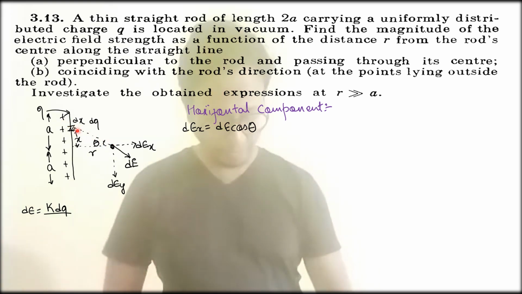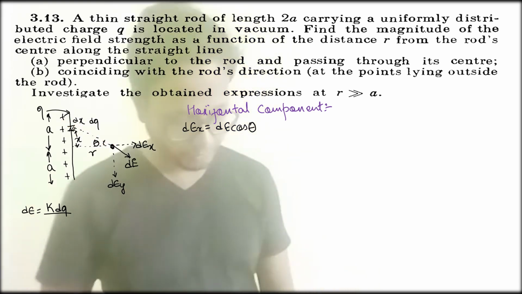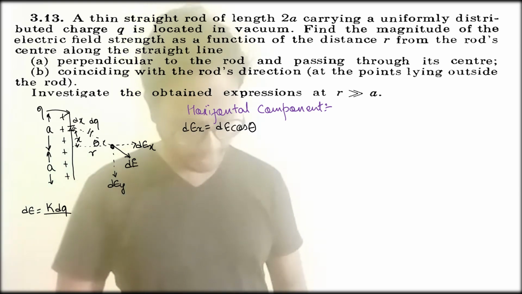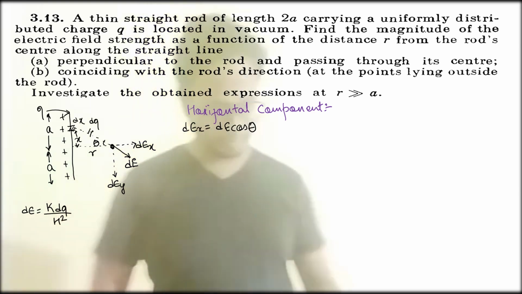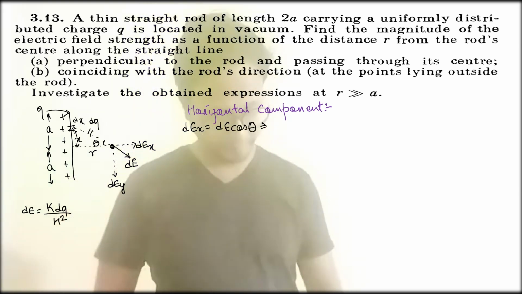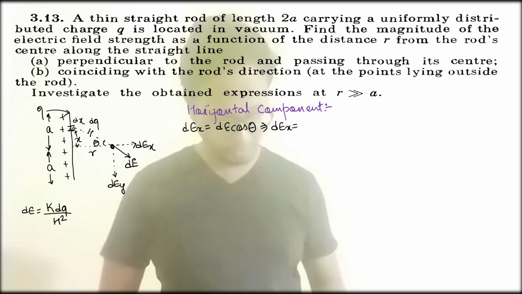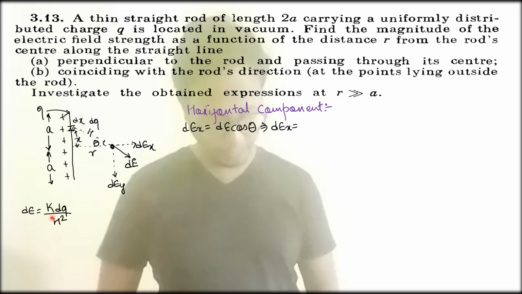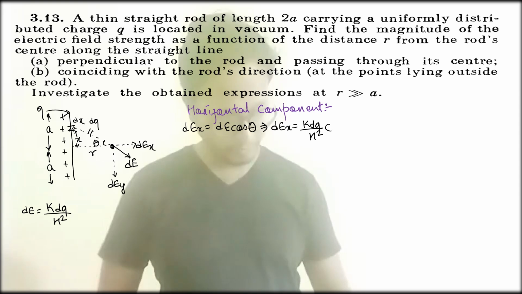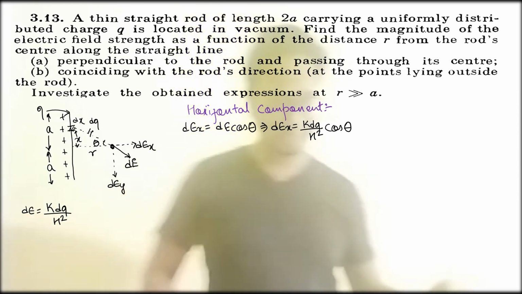The distance between these 2 points I'll write as the hypotenuse, so divided by h square. So dEx, the horizontal component of electric field, is equal to k dq by h square into cos theta. So this much I have understood.